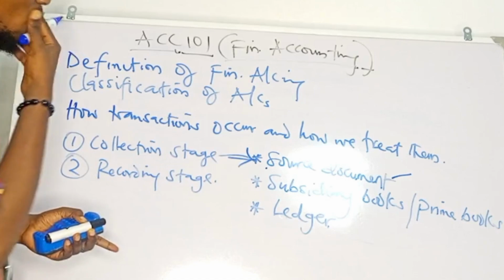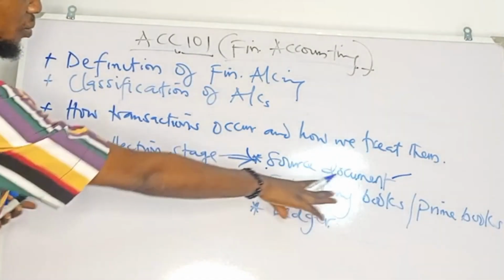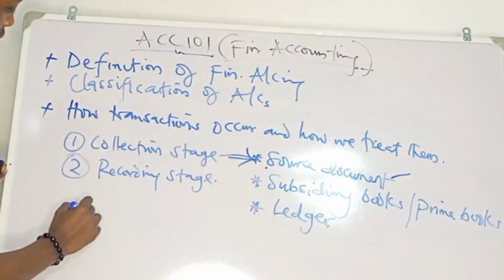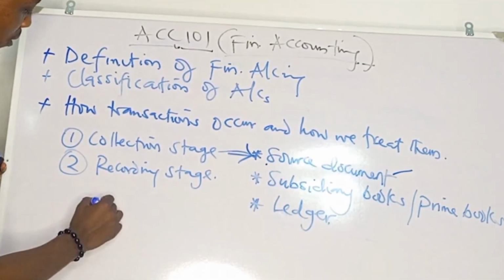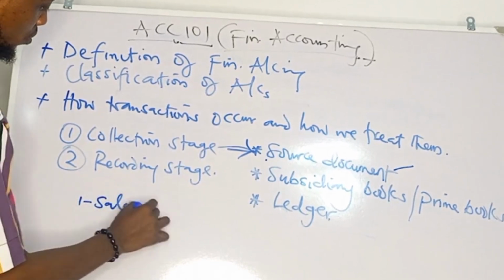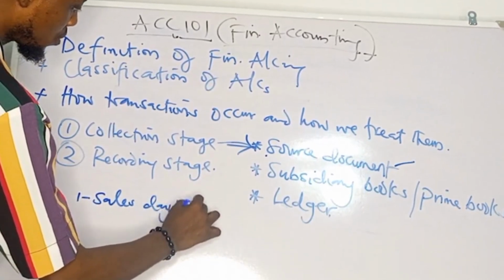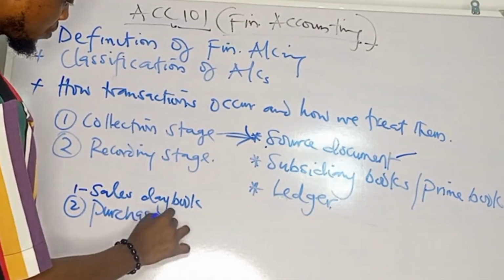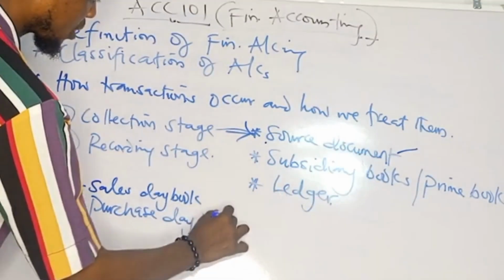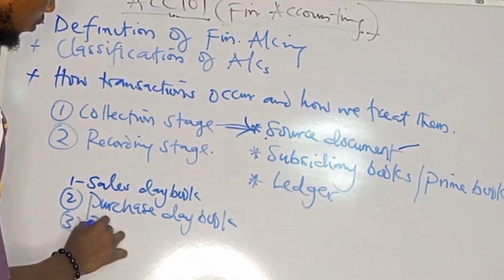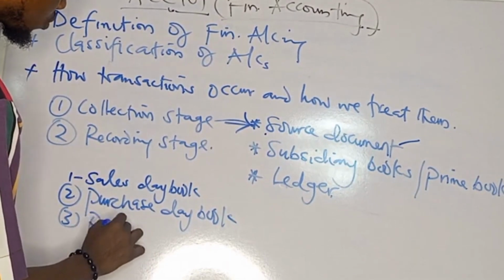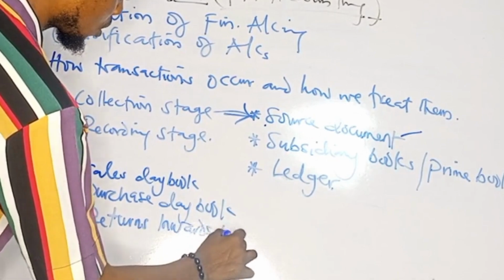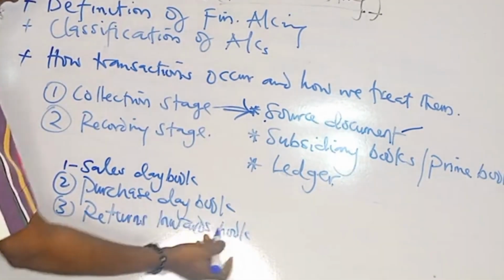Do you understand that? So now, the subsidiary books, there are 6 of them. Number one is the sales day book. Number 2 is the purchase day book. Number 3 is the returns inwards book, or sales returns inwards book.